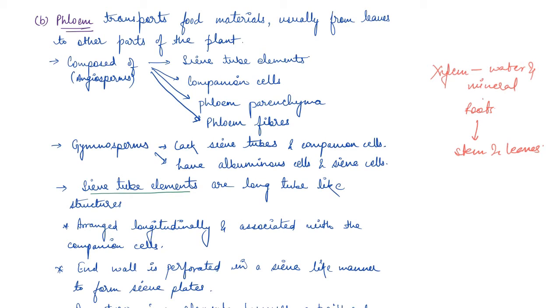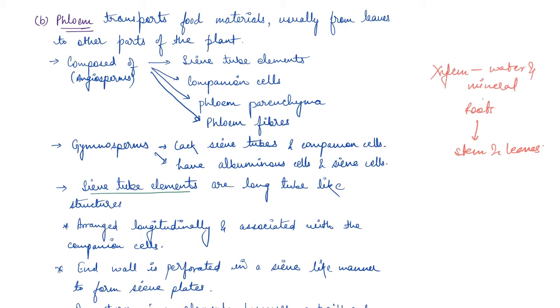In the case of xylem, we saw that the transport was from the root towards the leaf and flower. Now, in this case, it's the opposite. Here it is from the leaves, because leaves perform photosynthesis and prepare food. So, usually it is from leaves to the other parts of the plant, right?